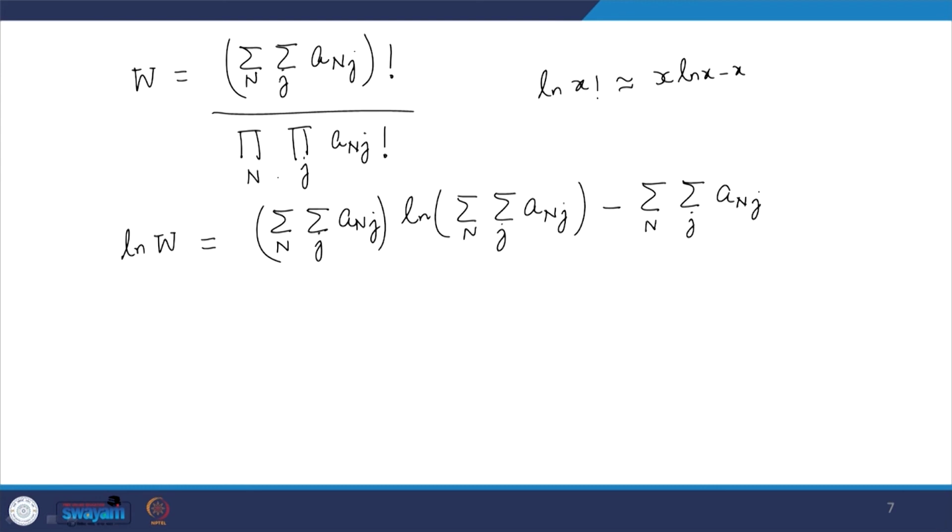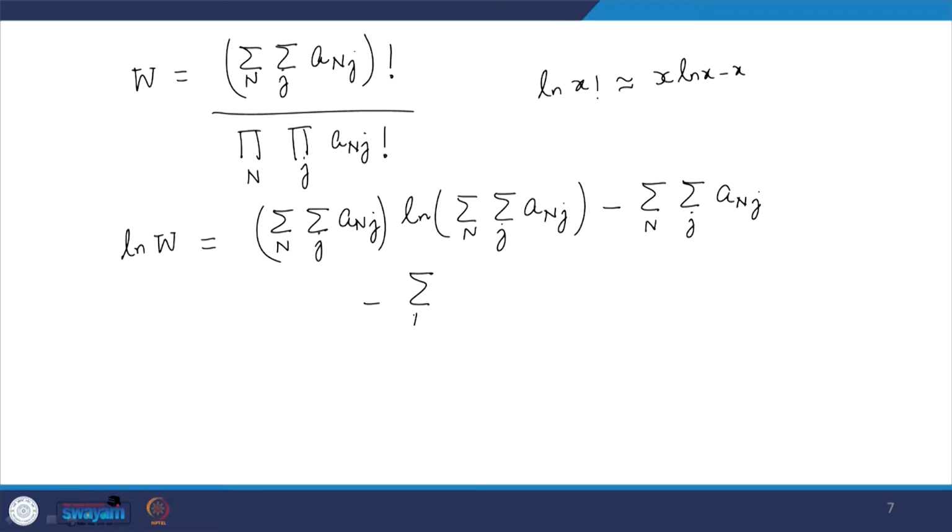And now, for the denominator we have products of the factorials. So, if I take the ln, you will have the summation over the ln of that. So, you will have a_{N,j} ln a_{N,j} plus the summation over N, summation over j of a_{N,j}.